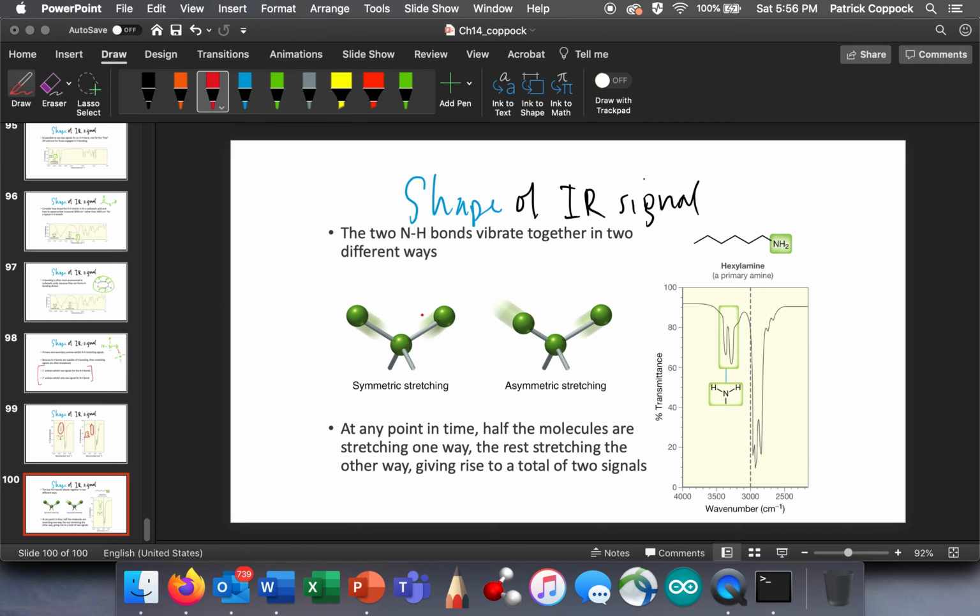Symmetric is where both hydrogens are moving toward the nucleus at the same time, back and forth. Asymmetric stretching is where one's going in and the other one's going out. At any point in time, half the molecules are stretching one way and the other half are stretching the other way. And so that's why we've got two different kinds of signals for a primary amine.